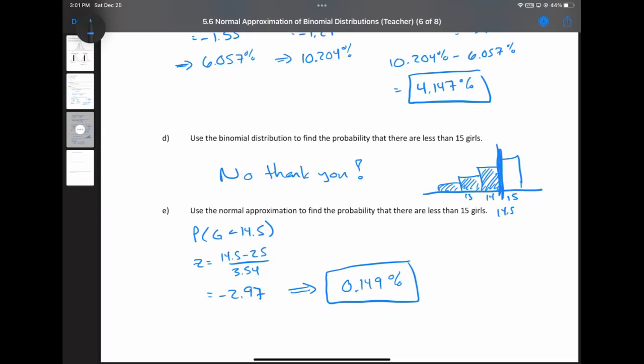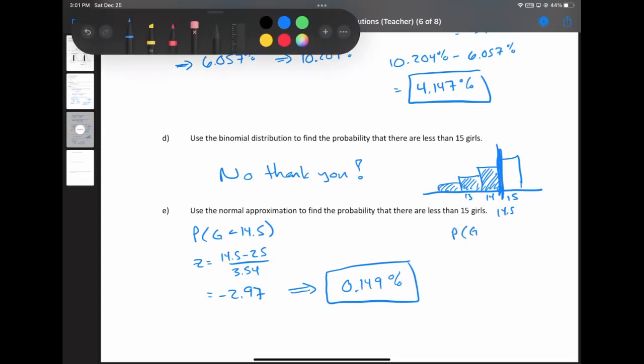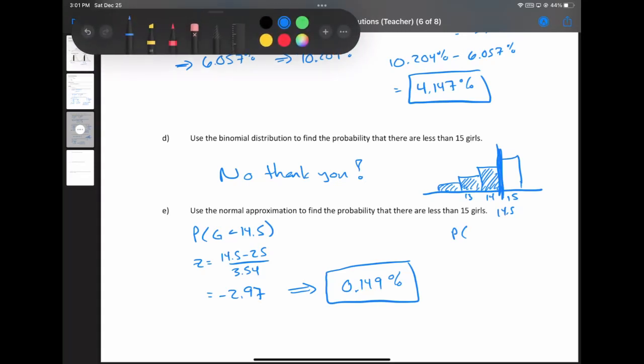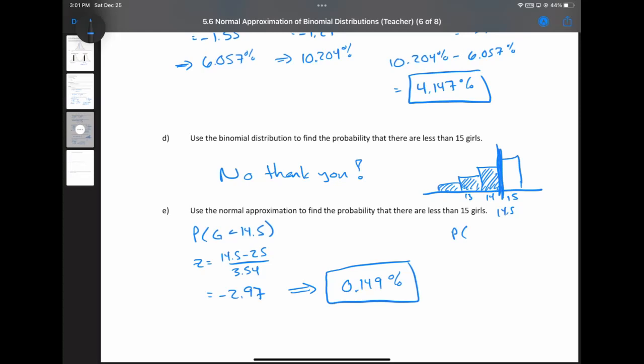So should I be calculating it this way, since those are the numbers that round to 0 to 14 girls?